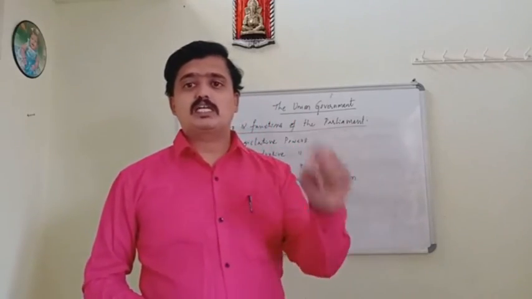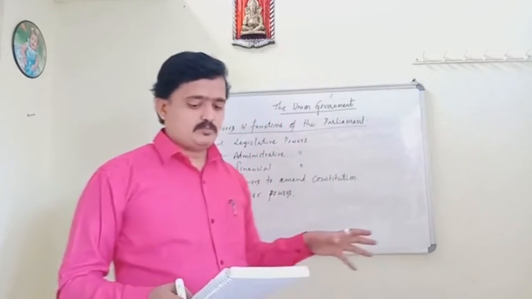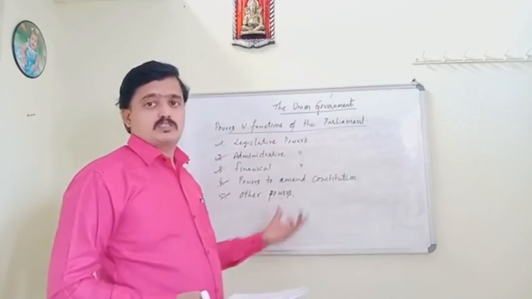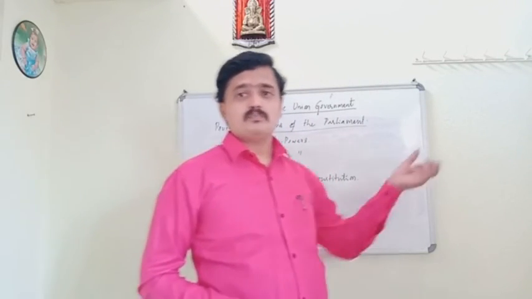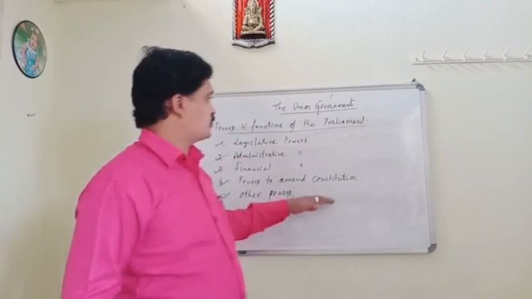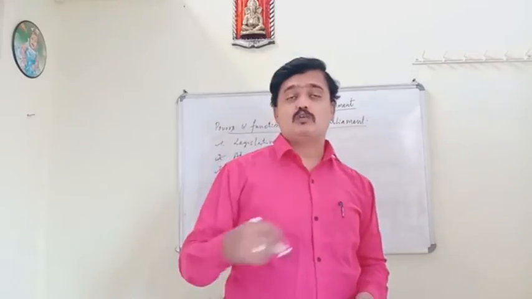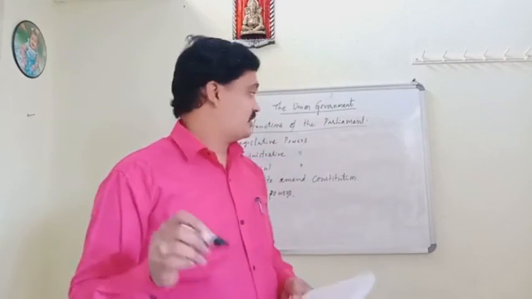Emergency means national emergency, state emergency and financial emergency. Approval of that emergency is also one of the powers of the Parliament here. To approve the declaration of emergencies like national, state and financial emergencies here.